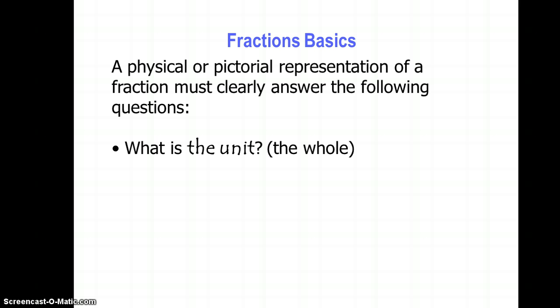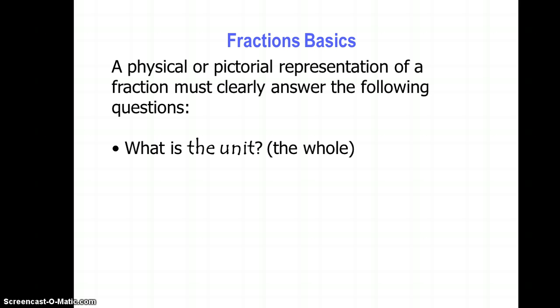You have to think about what is the whole unit that you're talking about when you talk about a fraction. If you want to know the value of a half, you have to know what is the unit that you're comparing it to, or that you're taking half of. So half of 10 is 5, but half of 12 is 6.